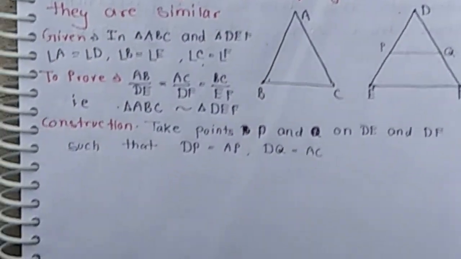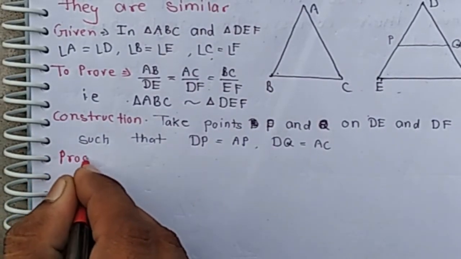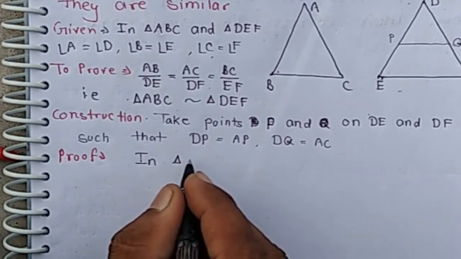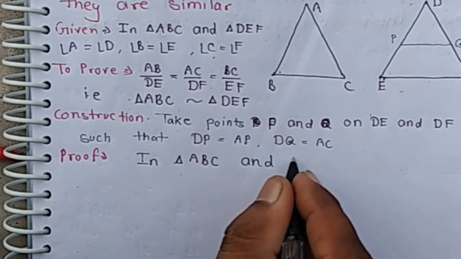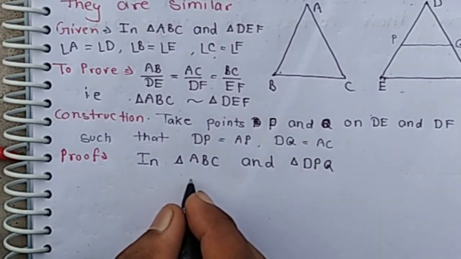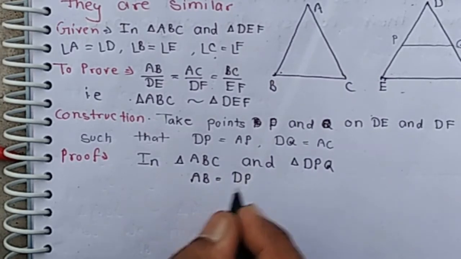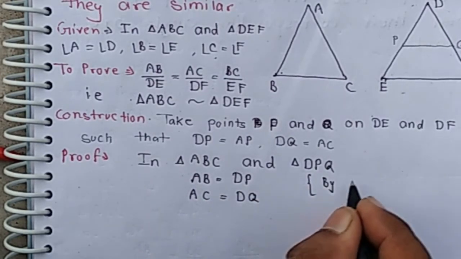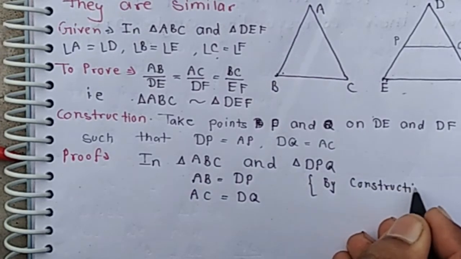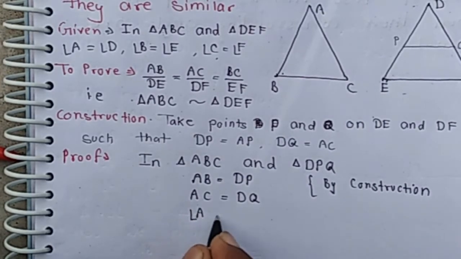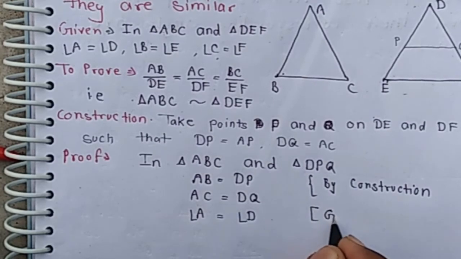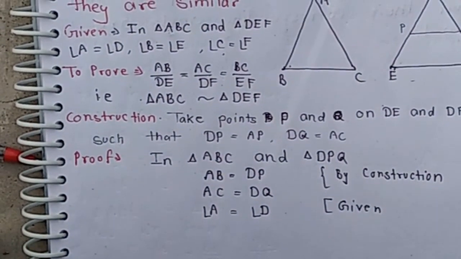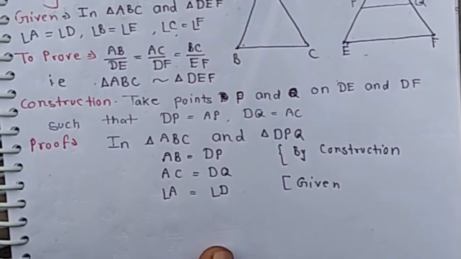Now, proof. In triangle ABC and triangle DPQ, AB equals DP by construction, AC equals DQ, also by construction, and angle A equals angle D, it is given.